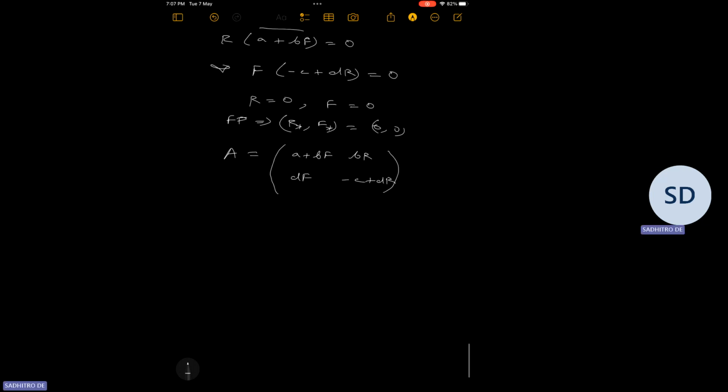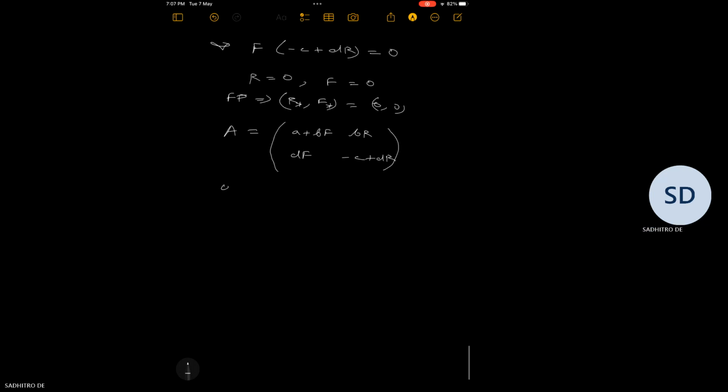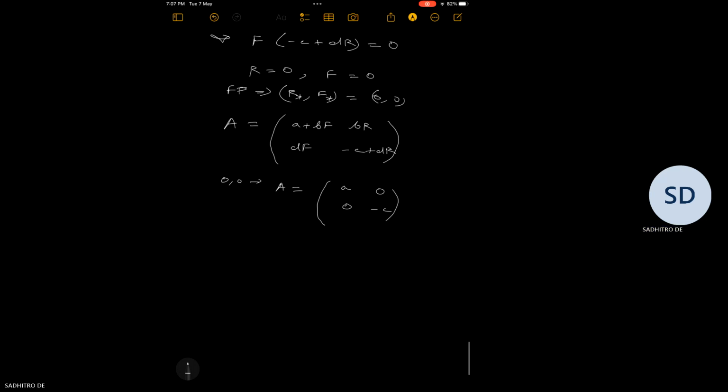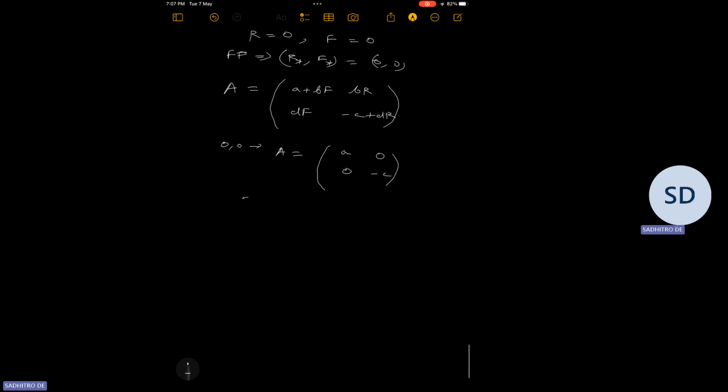Now, if you evaluate this at the origin, that is 0 comma 0, we end up getting the matrix A 0, 0 minus C. So therefore, my trace is now A minus C.